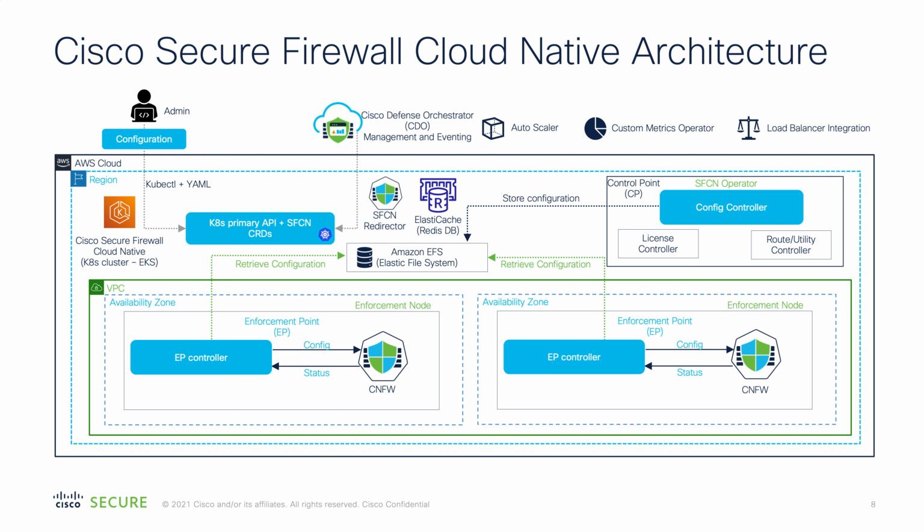And they can also use CDO for management and eventing. So at a very high level, this is our architecture that contains EP, CP, EKS, and there are other components as well, which we'll be discussing in the upcoming slides. But at a very high level, this is what our architecture is.